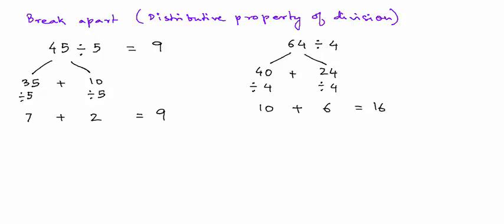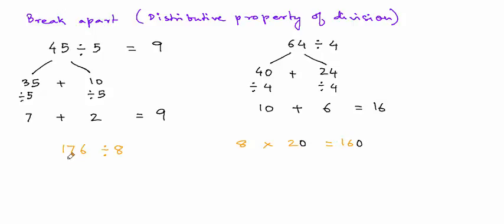And you could actually extend this idea to do more difficult problems mentally. Imagine you want to do 176 divided by 8. And you already know that since 8 times 2 is 16, 8 times 20 is 160.